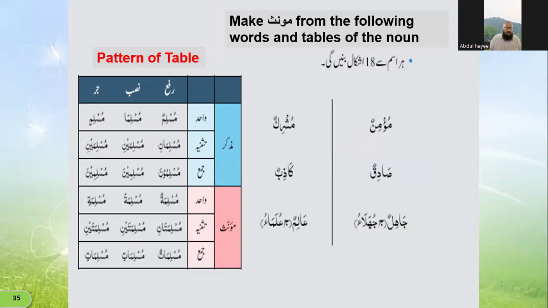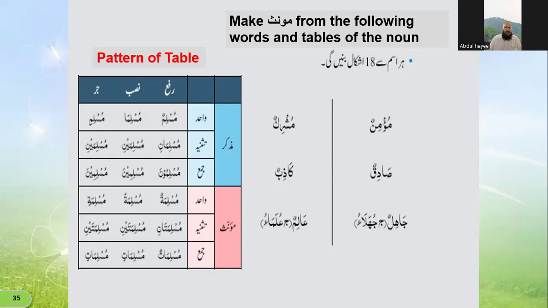You can make a drill, just like with mumin. How can we make the 18 forms from it? Muminun, muminan, muminin. Tasniya: muminani, muminayni. Plural: muminuna, muminina. What about the feminine?